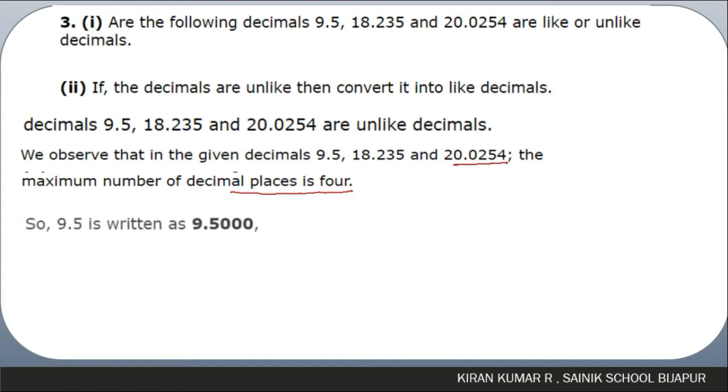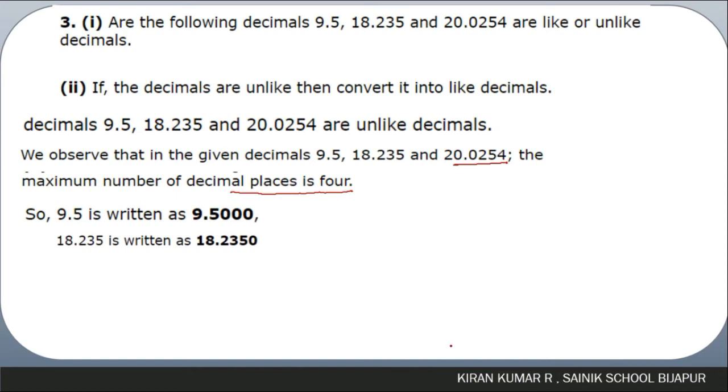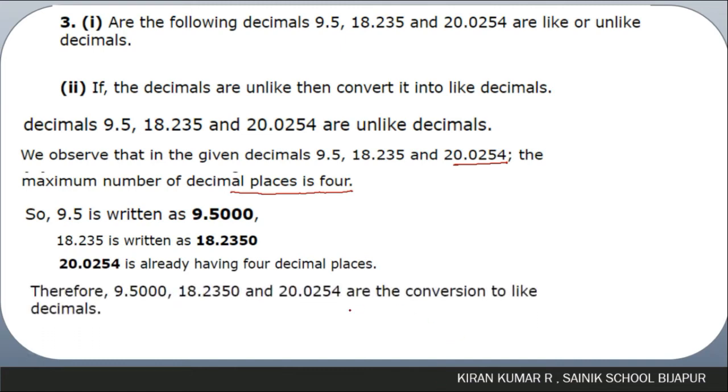Now 9.5 can be written as 9.5000. 18.235 is written as 18.2350. 20.0254 already has 4 decimal places. Thus we have converted them into like decimals. Now I have made it very clear how to convert unlike decimals into like decimals.